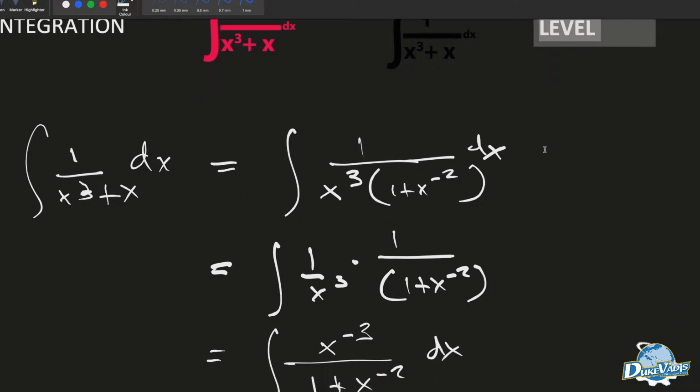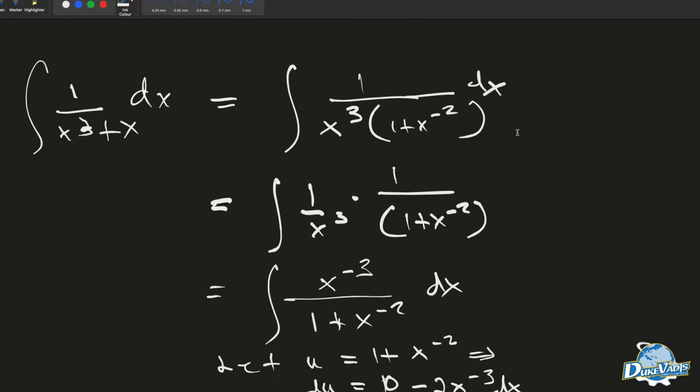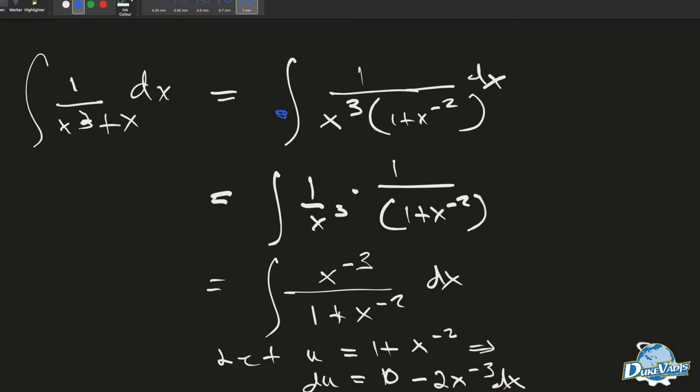Beautiful. So when we pull the x cubed out of this equation, we can say that this equation is 1 over x cubed into bracket 1 plus x raised to the power negative 2.